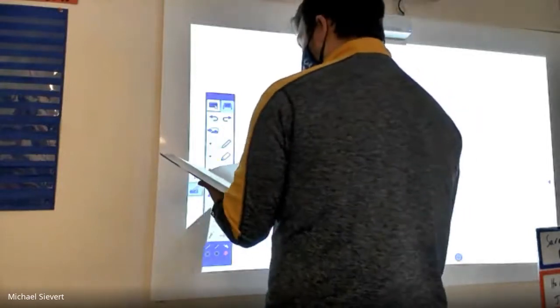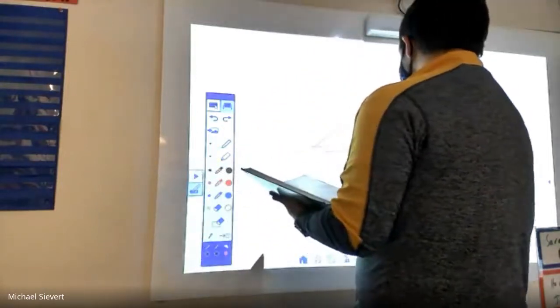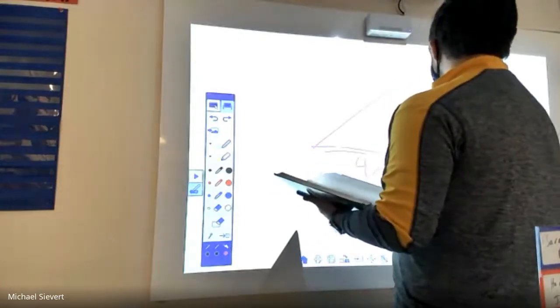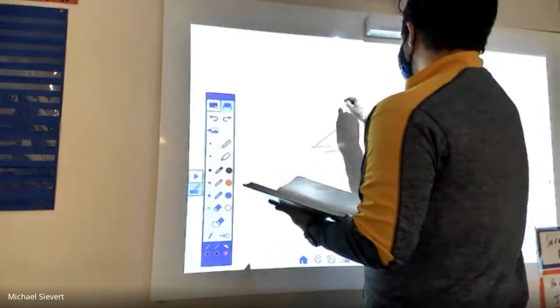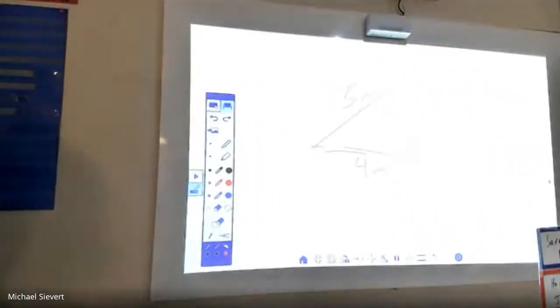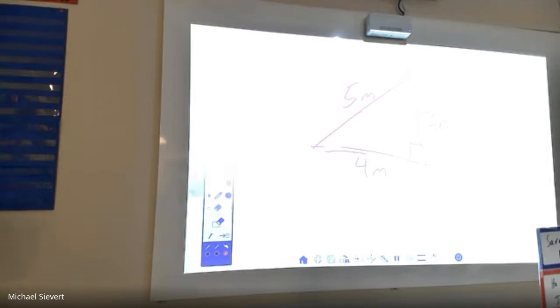So purple will be the triangle: 4 meters by 3 meters. Oh, this is a right triangle, by the way. By 5 meters. Everything in red will be what we use and what we don't use.